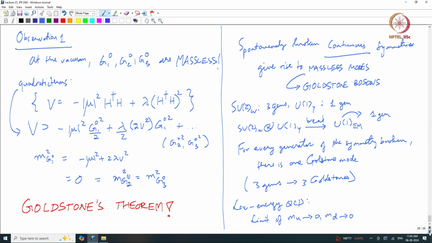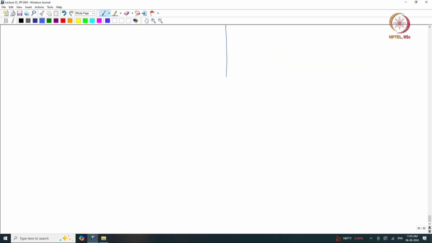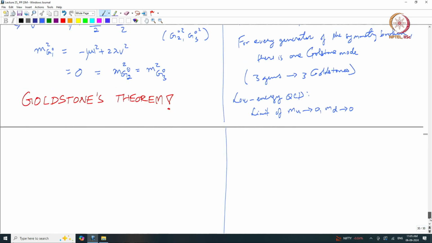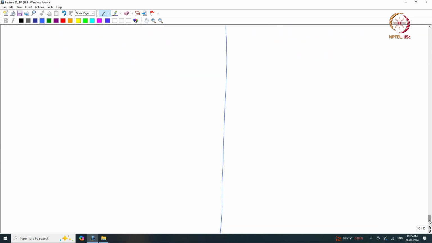Okay. In that limit, how would I write the Lagrangian of the quarks? Remember, this is a chiral theory, right? The left handed kinetic terms exist on their own and the right handed kinetic terms exist on their own, right?